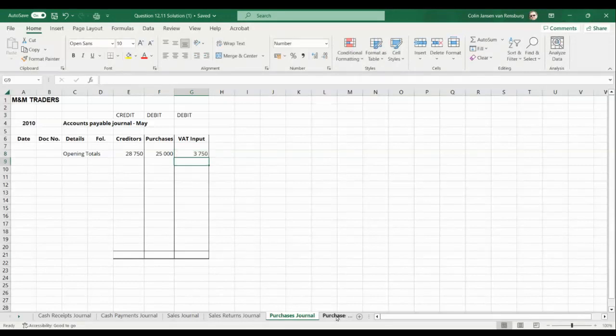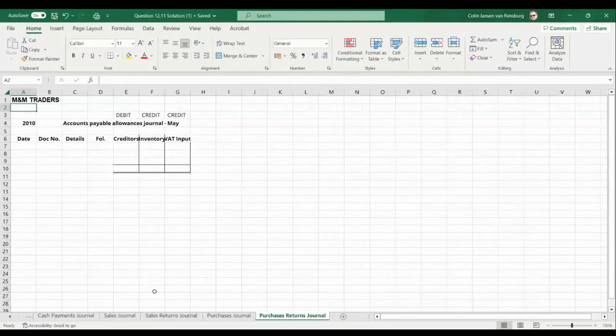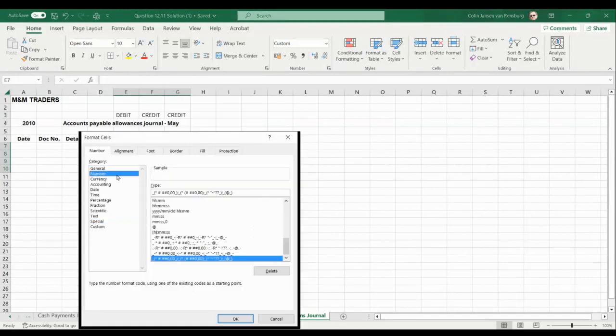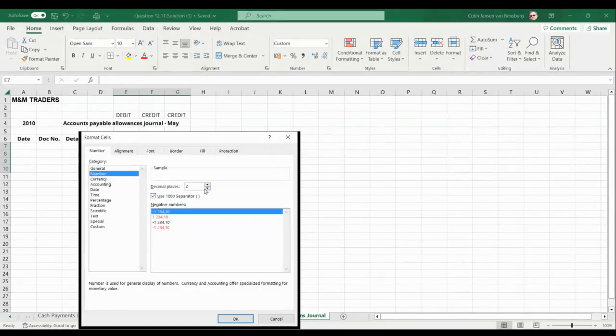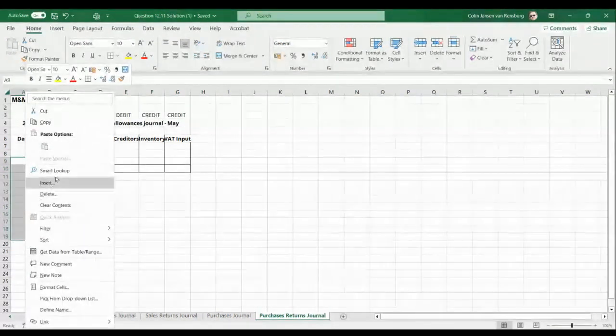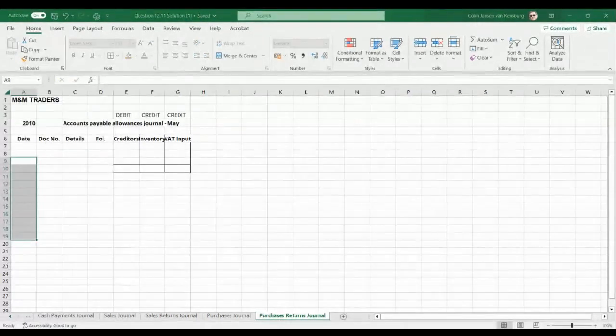Right, and then we've got one more journal, and that is our accounts payable allowances journal, also known as our purchases returns journal. Let us format that right at the start. Let us give us a few extra lines, or rows, I should say.